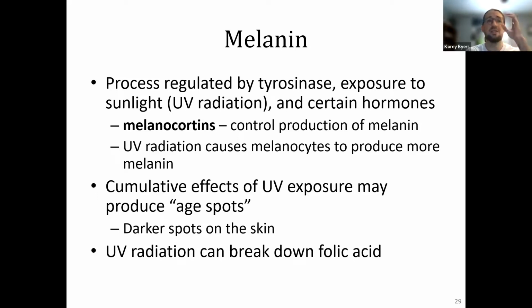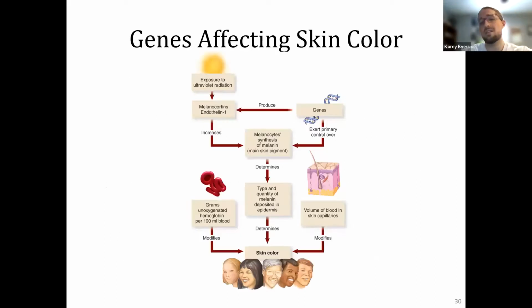The reason we care so much about UV radiation is that not only can it cause mutations, it can cause the breakdown of folic acid, and folic acid is extremely important in our health. So exposure to UV radiation causes melanocortins, as do the genes that determine the amount of melanin you have. Both of those say, hey, make this dark pigment.